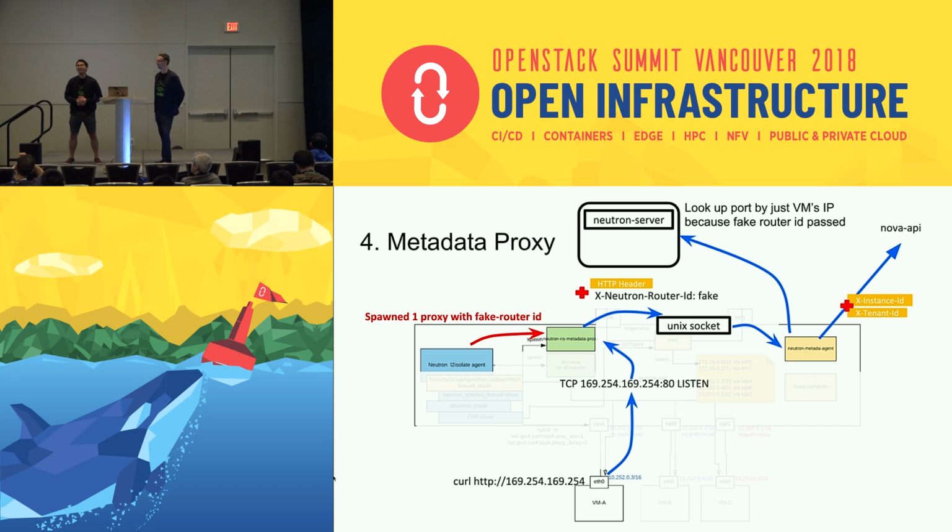And if the fake router ID is passed, the metadata agent will look up the instance ID by just the VM's IP, not any additional information. But if we pass a valid router ID to the metadata proxy, this metadata agent tries to look up the VM's IP and the network belonging to that router ID. In this way, we are providing the metadata service to all VMs by the single metadata proxy.